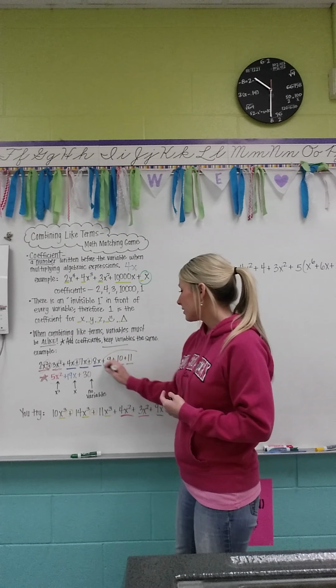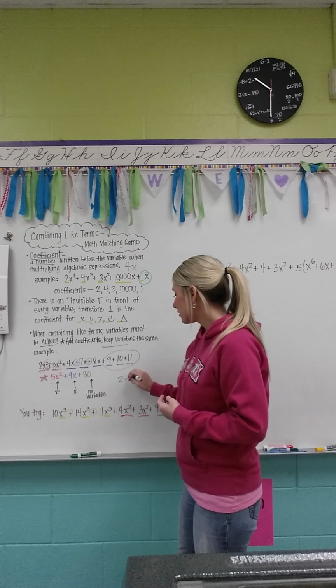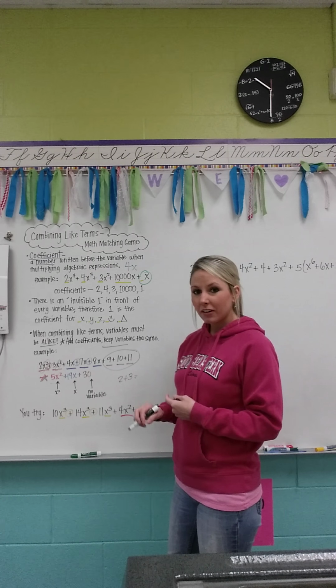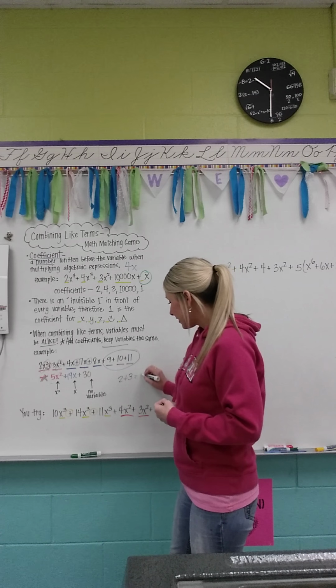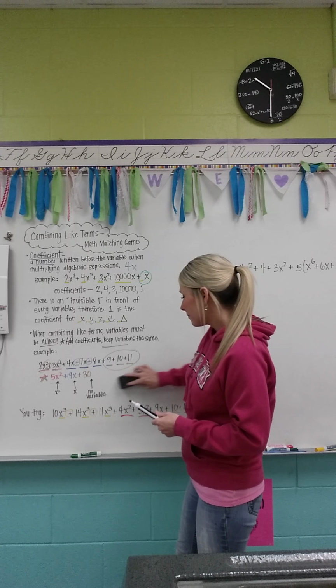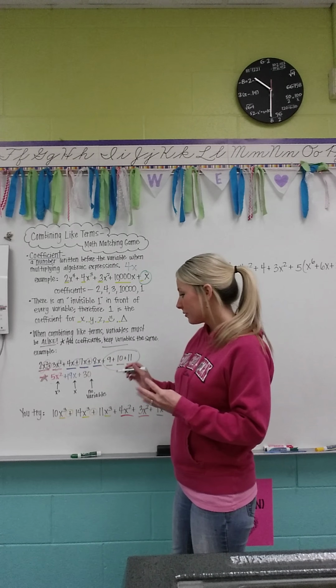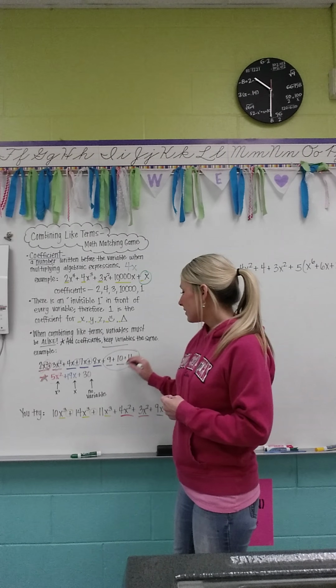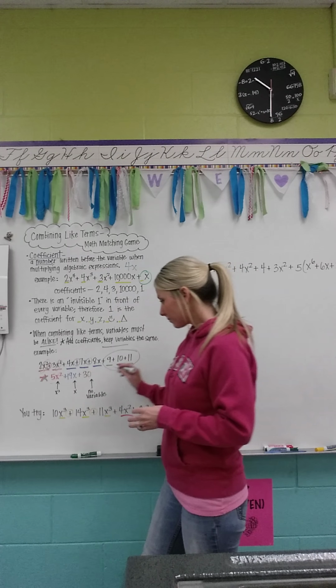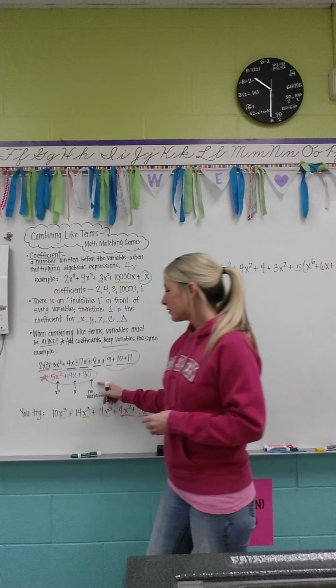Now, if you look at these three, when we add 2 plus 3, do we have to do anything, or can we add that? It's going to be 5. So every single time I'm trying to add just numbers with no variable, I can add them. I don't have to do anything. So 9 plus 10 is 19, plus 11 is 30. This, guys, is the answer to the problem.